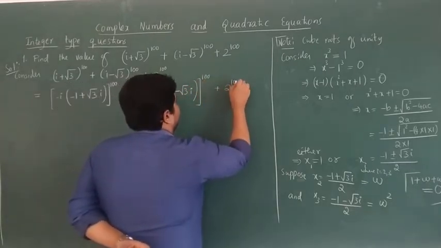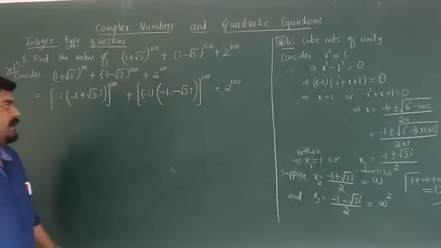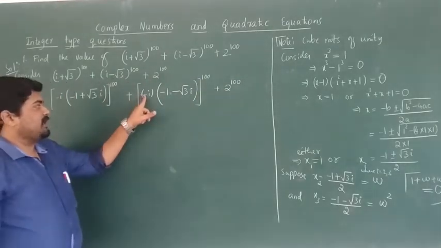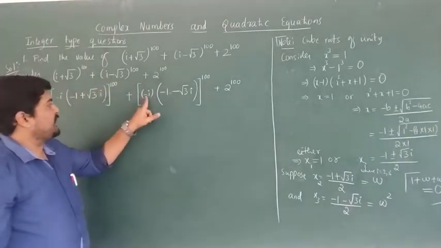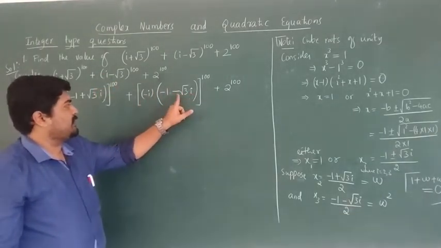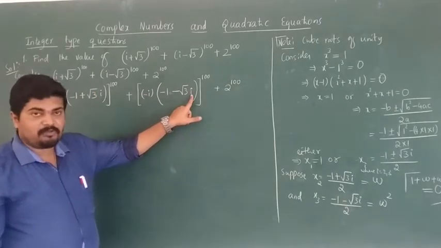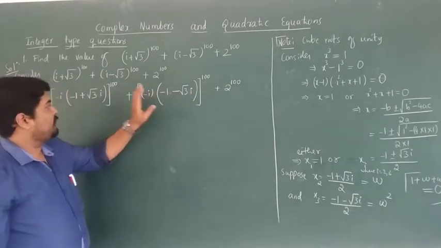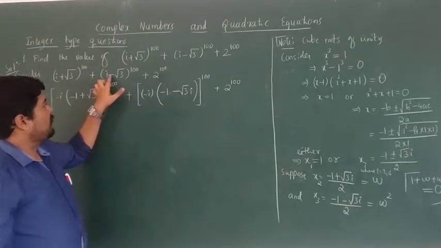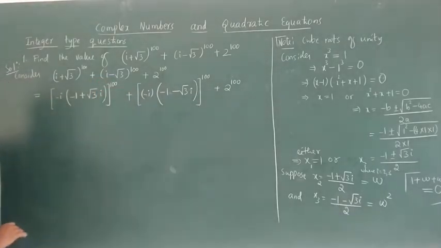Into plus 2 power 100 as it is. Now see here, minus i into minus 1, that is plus i, minus i into minus i, that is plus i square, but i square value we know is equal to minus 1. If you substitute that thing, you will get minus root 3. I hope you can understand up to here.